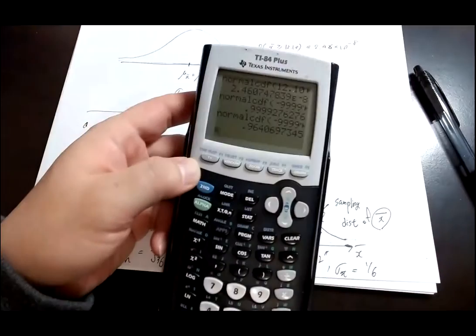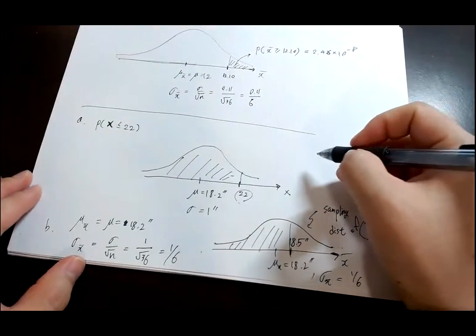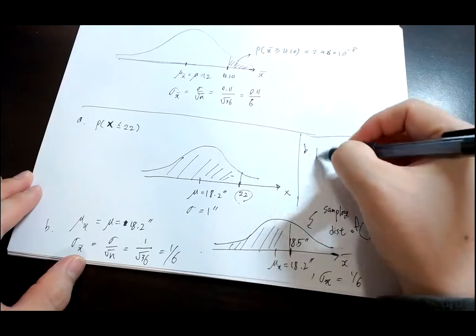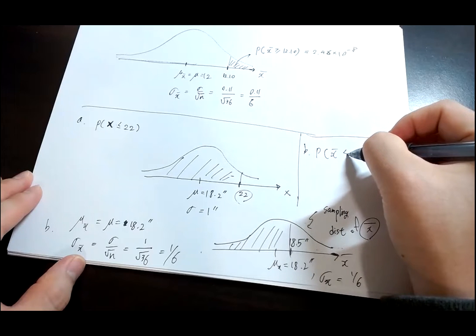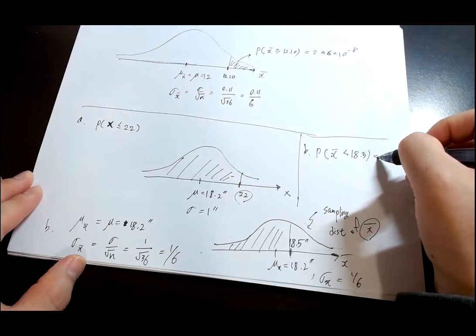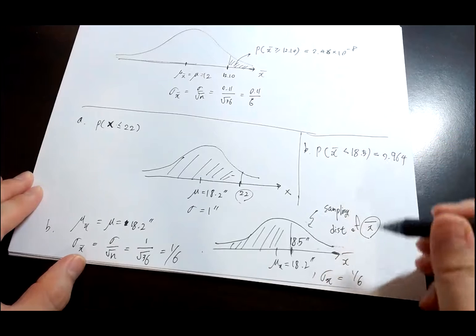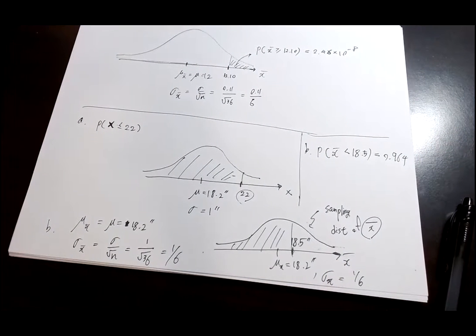So we got 0.964. The probability that x bar is less than 18.5 is approximately 0.964, or 96.4%. So most of the samples, their mean is less than 18.5.